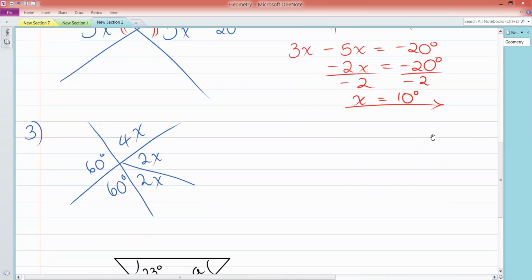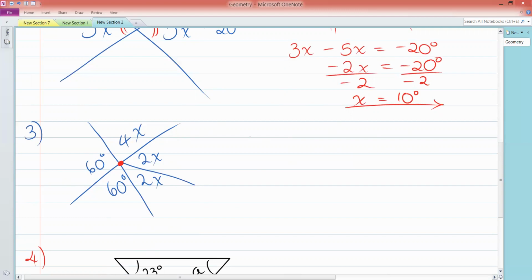Let's look at number 3. Now, something unique about number 3. We have what we call angles round a point here. What do we know about angles round a point? The point we're talking about is this one. So angles round a point add up to what? 360.